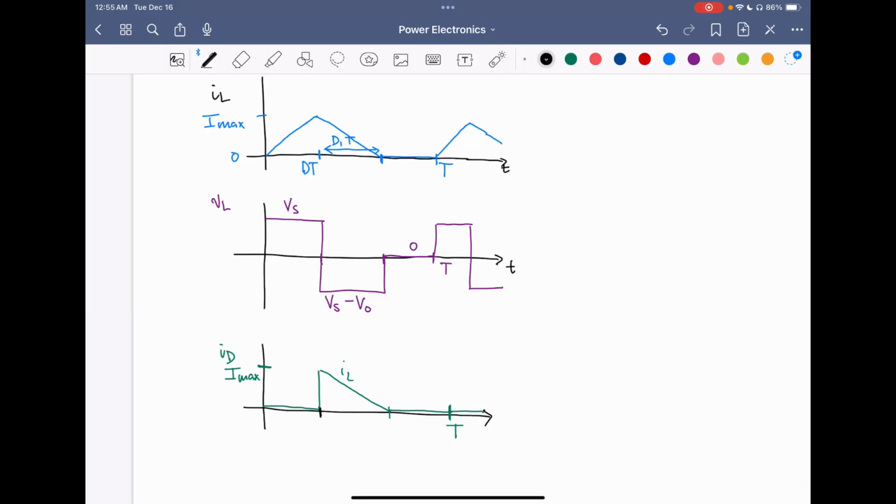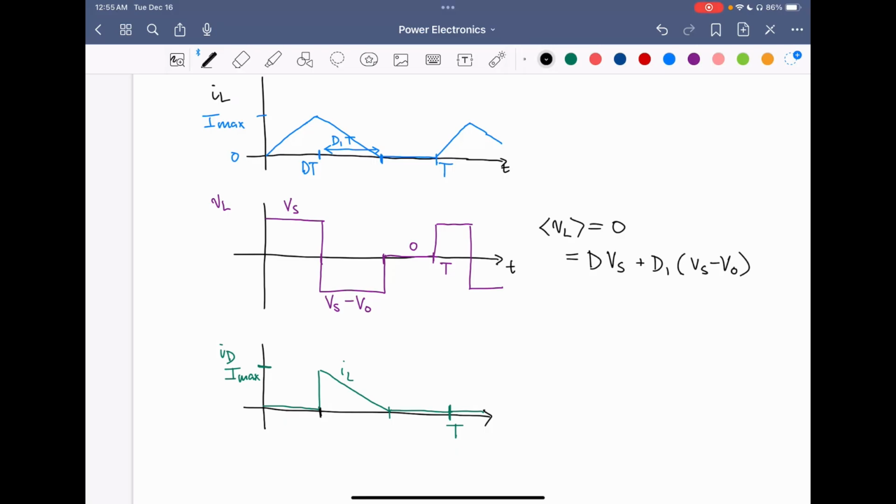So this means that if we study the average voltage, VL, of the inductor over a period, it must be equal to 0. If we look at this waveform, in the dT interval, we have D times Vs, and in the D1 interval, we have Vs minus Vo. So this expression equals 0.